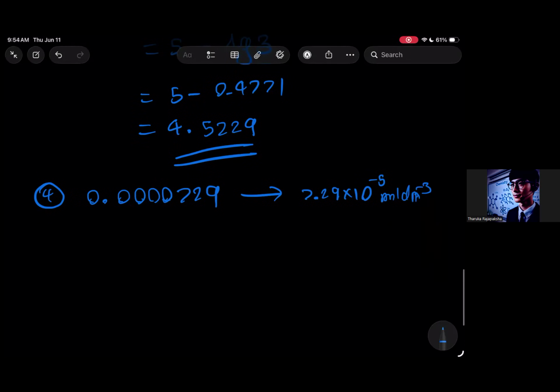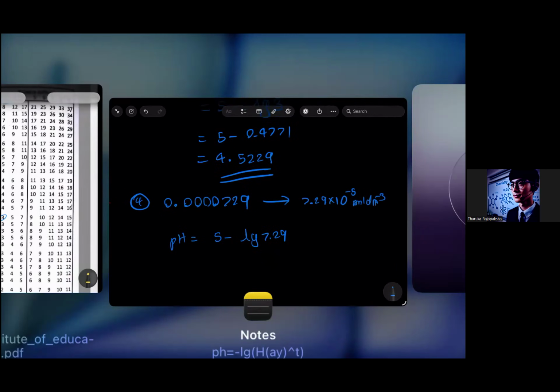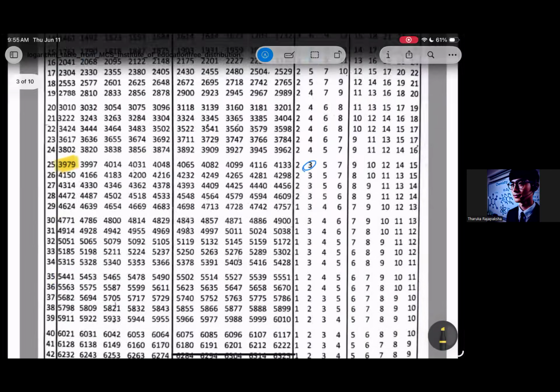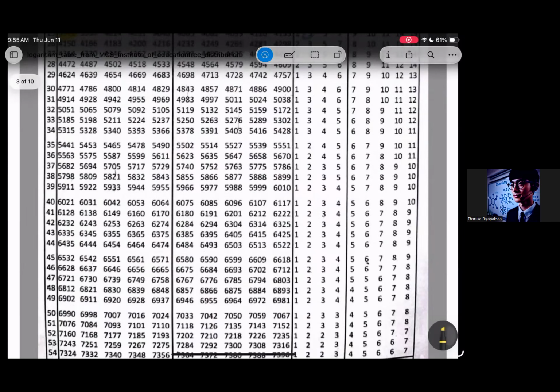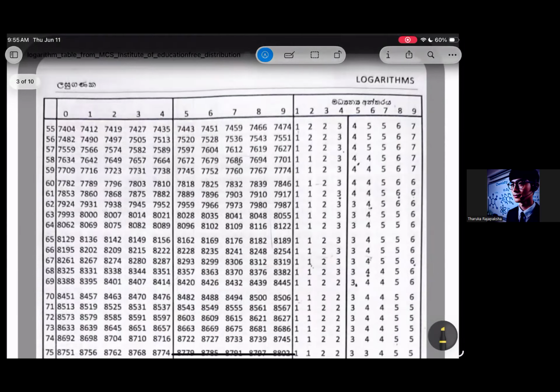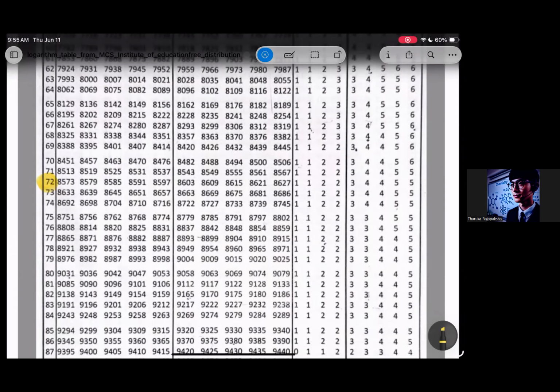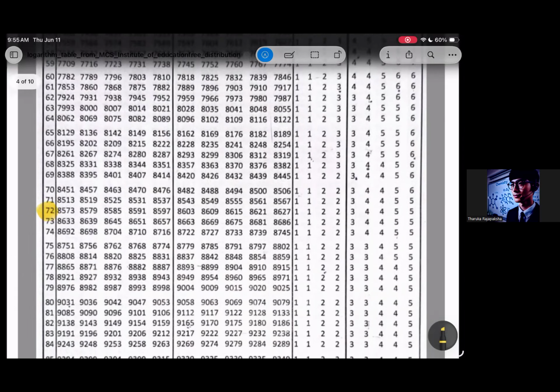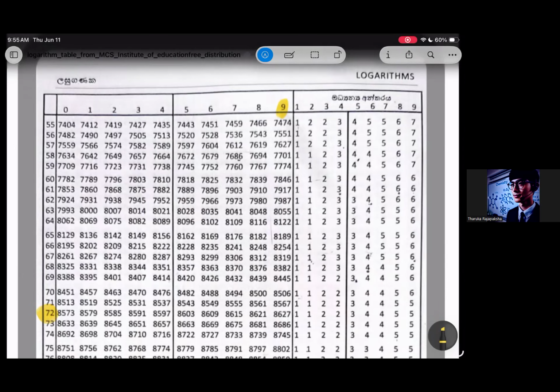We have to convert this into a pH value. So pH is equal to 5 minus log of 7.29. What is the value of log 7.29? First of all, we have to go to 72, right? We have to move to 72, which is this one, and the ninth column. 7.29 is 729. You follow the numbers, right? 729.